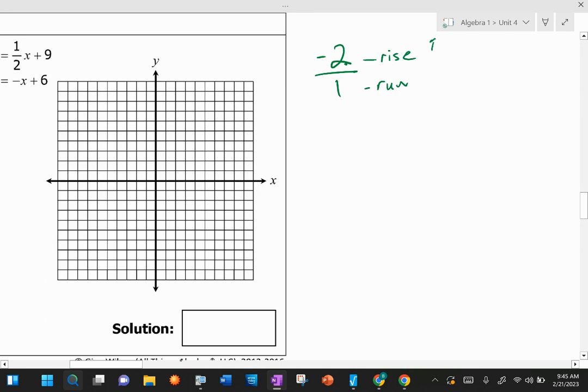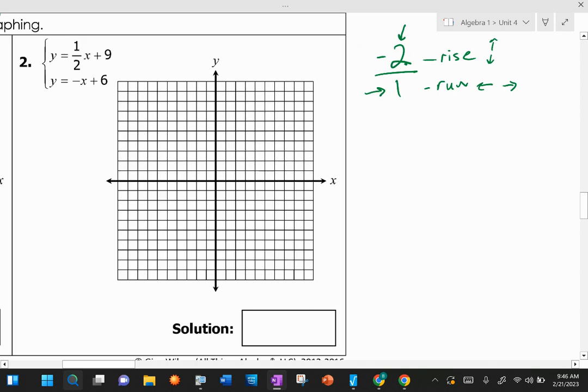Rise is my up and down movement on my graph. Run is my side to side. So I went down 2 and then to the right 1.